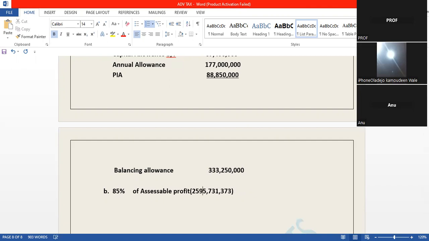So this and this. Okay, so please let's multiply. What do we get when you multiply it together? 85% of this figure will give us what? Let me press my calculator.